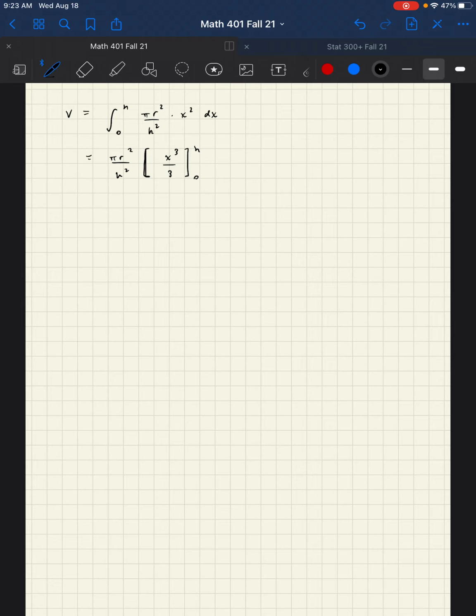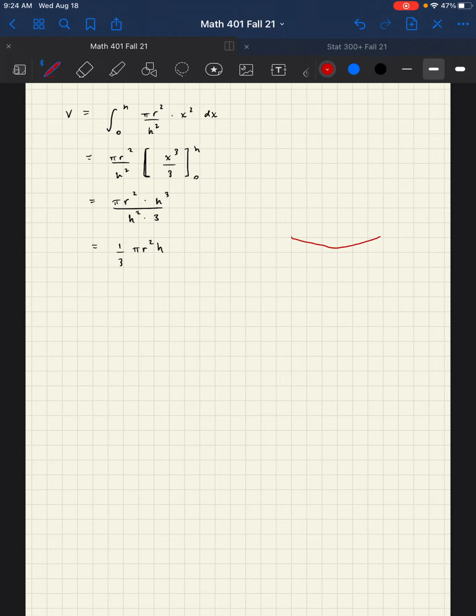Okay, we're using FTC2. When you plug in 0, that's going to give you 0, so we can safely ignore that part. That means all we worry about now is this right here, where some h's cancel, two pairs specifically, and you just end up with 1/3 pi r squared h.